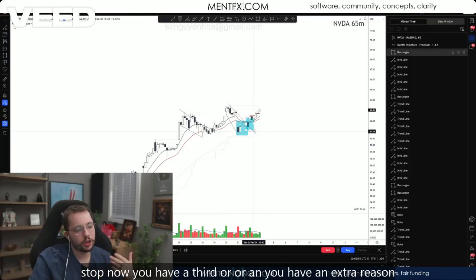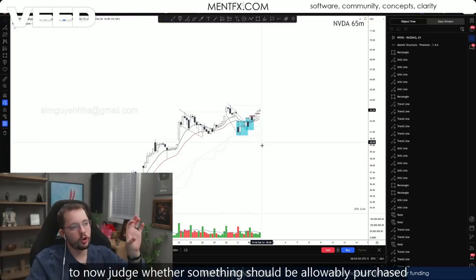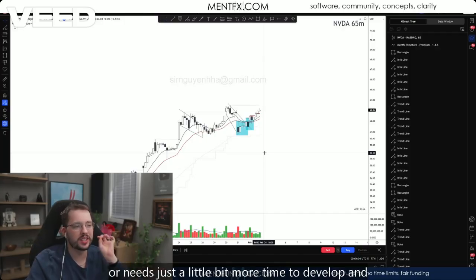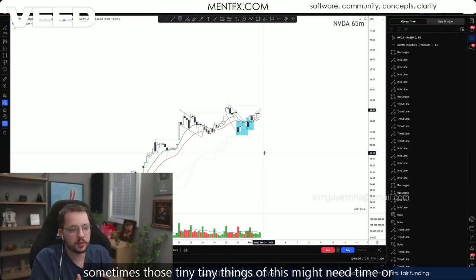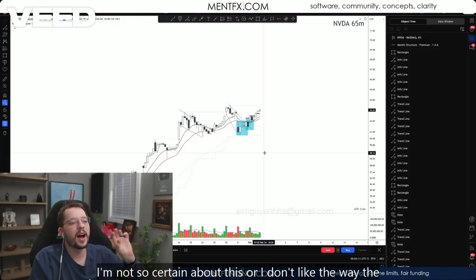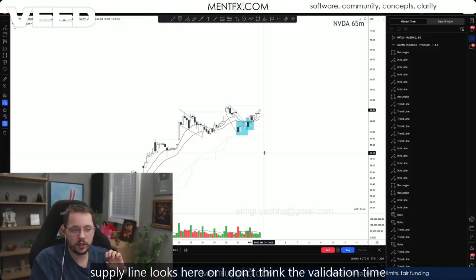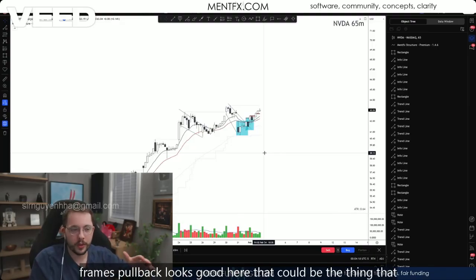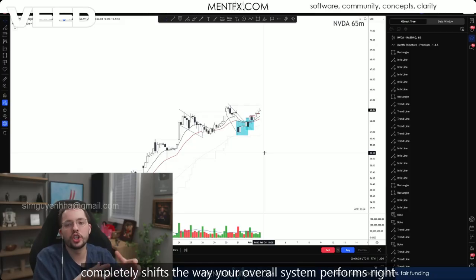Now you have an extra reason to judge whether something should be allowably purchased or needs just a little bit more time to develop. And sometimes those tiny things, like this might need time, or I'm not so certain about this, or I don't like the way the supply line looks here, or I don't think the validation timeframe's pullback looks good here, could be the thing that completely shifts the way your overall system performs.